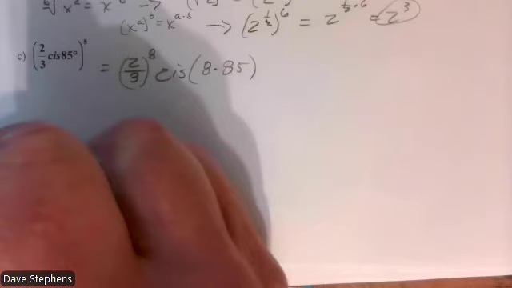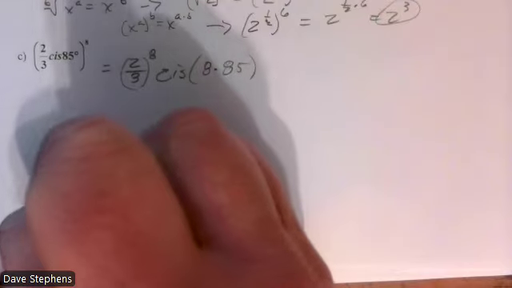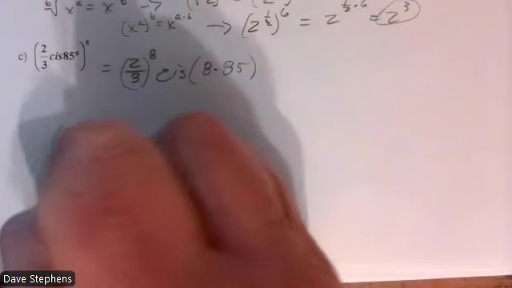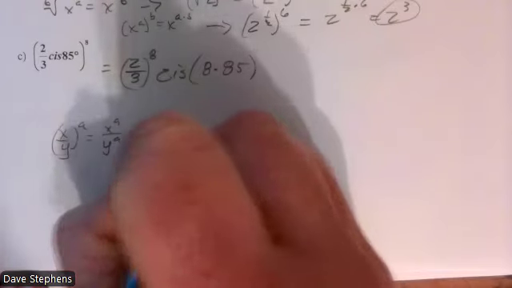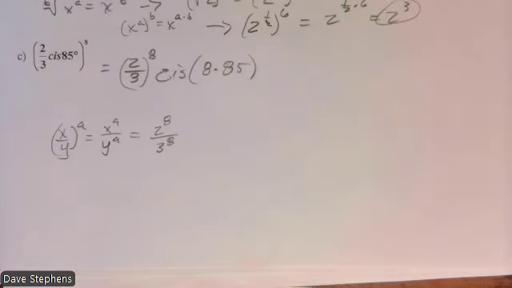So powers of exponents: x over y raised to the a power is x to the a over y to the a. So that means we get 2 to the 8th over 3 to the 8th. Golly. I don't feel like figuring that out. I really don't want to. But I'm going to anyways.